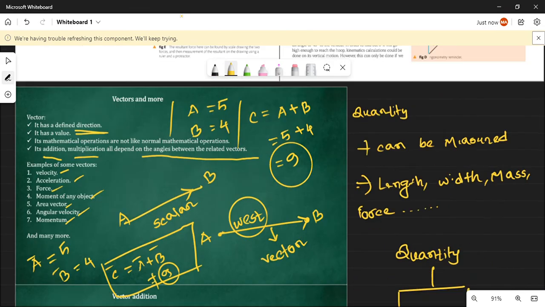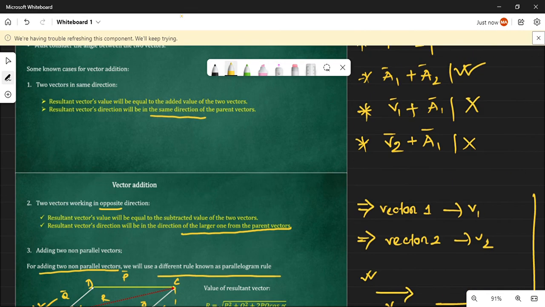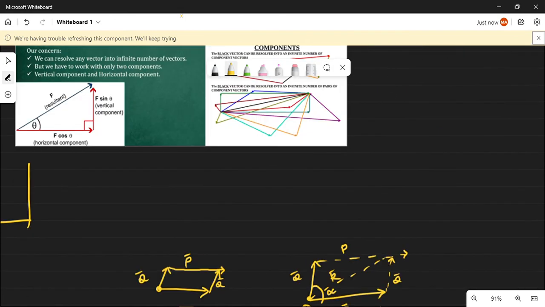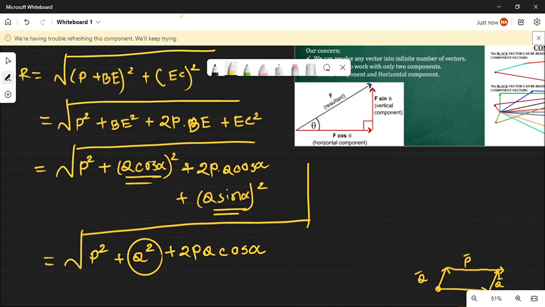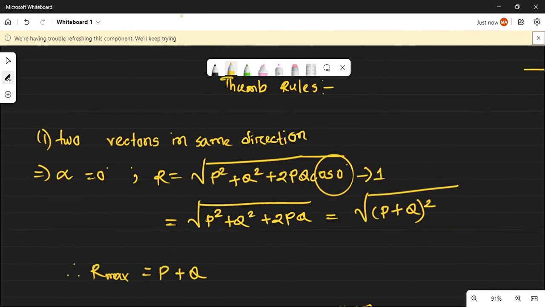Let's move to the second class, which will be in the next video. I will show you some other things of vector addition, some rules of thumb. If the two vectors work in the same direction, keep in mind this will be the maximum resultant value, the sum of the two vectors.